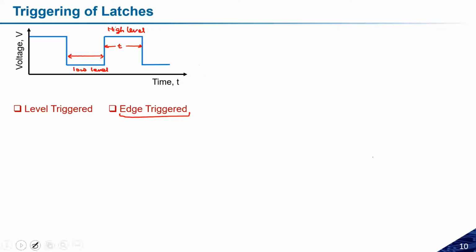I just told you in level triggered we can have two kinds of triggering, either positive or negative. If the triggering is at logic high, we call it positive level trigger, and if the triggering is at low logic, we say it is negative level trigger. But what is edge triggered? To reduce this kind of error, we can simply reduce the width of the clock pulse, but 100% reduction is not possible.